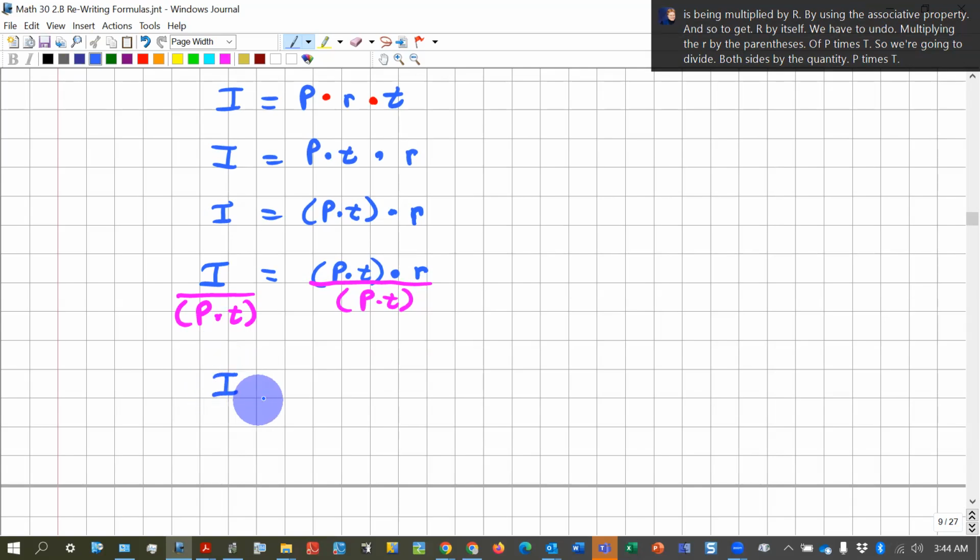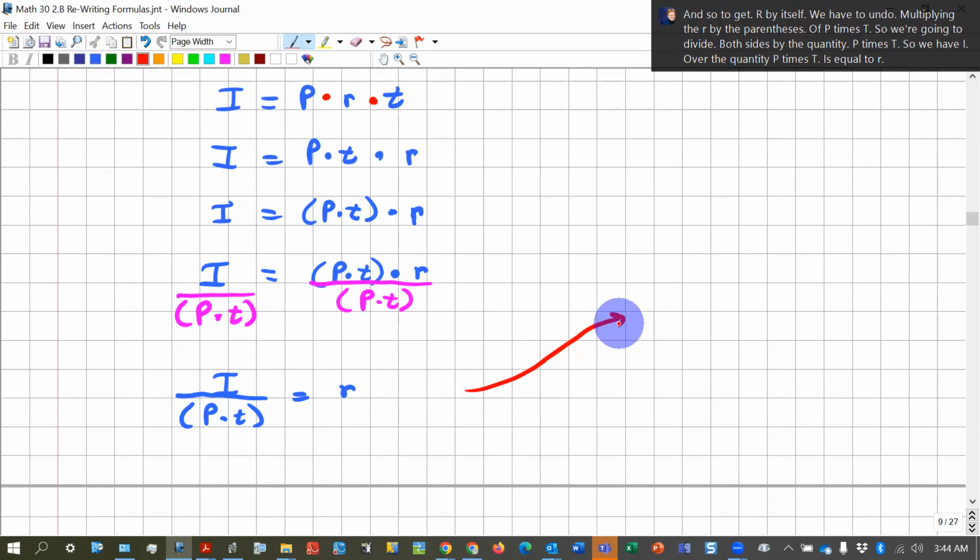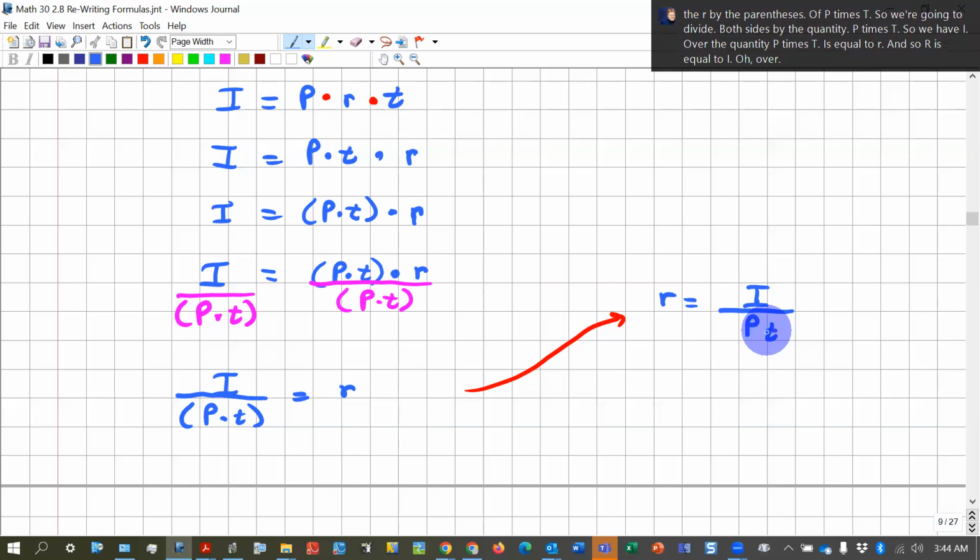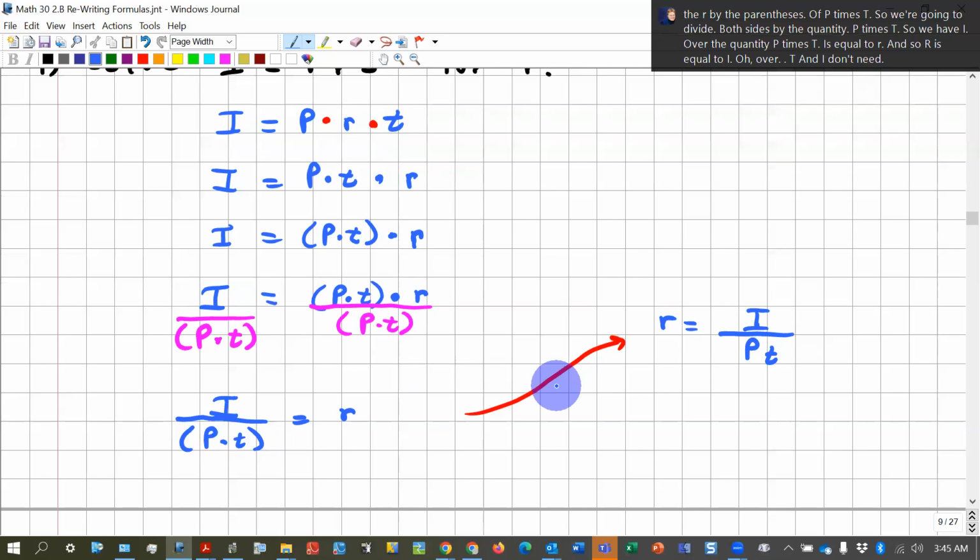So we have I over the quantity p times t is equal to r. And so r is equal to I over p t. And I don't need to write the multiplication sign or the parentheses if I don't want to. I may if I do want to.